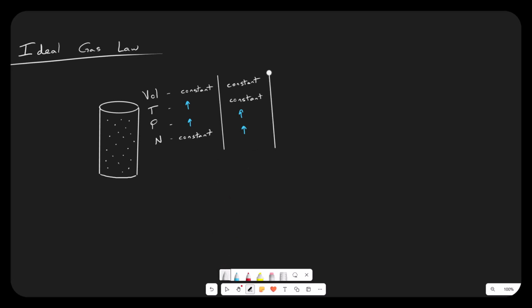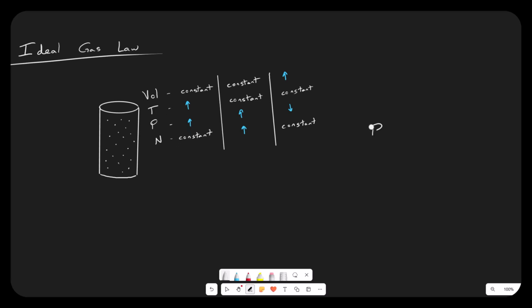What happens if we keep our number of particles constant, and let's keep our temperature constant? We haven't done that combination yet. Then if I increase the volume of the container, I'm going to decrease the pressure.